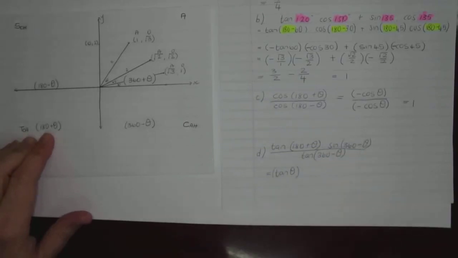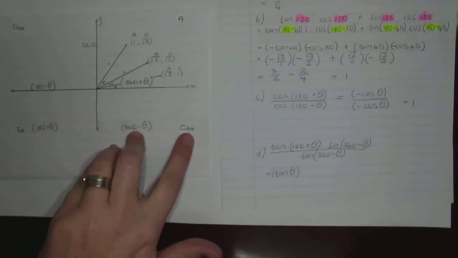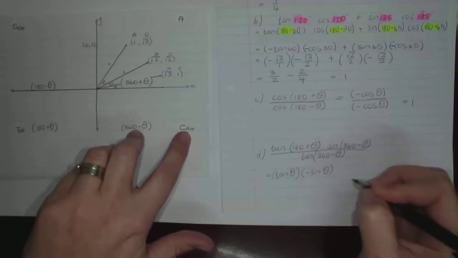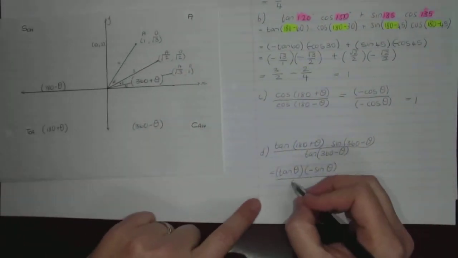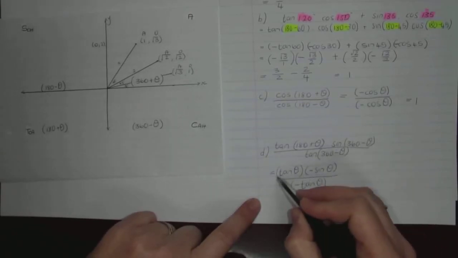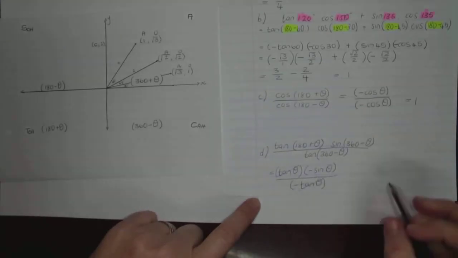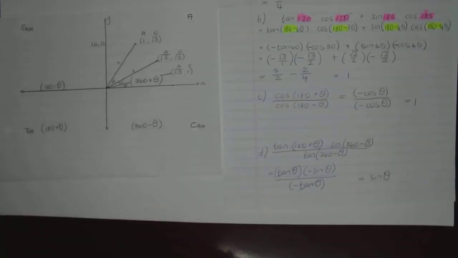I'm keeping them all in little brackets because I'm multiplying the entire time. 360 minus, only cos is positive, so sine will be negative. 360 minus, so tan will be negative. Tan will cancel out tan. A minus becomes a plus. And my answer is sine of theta.